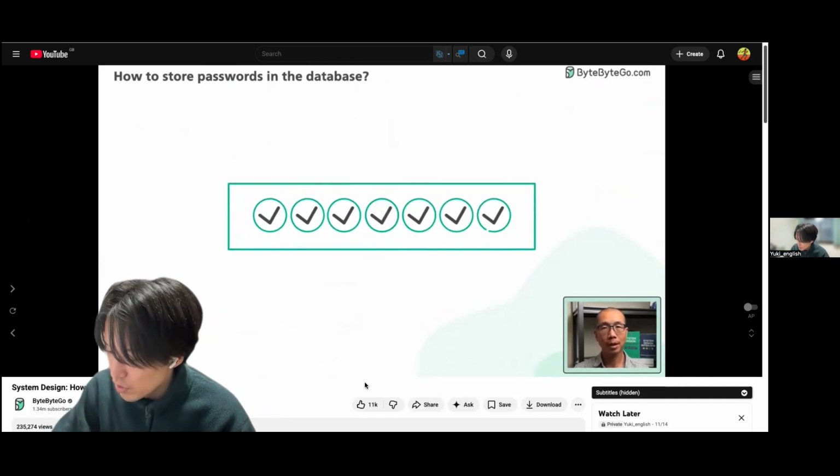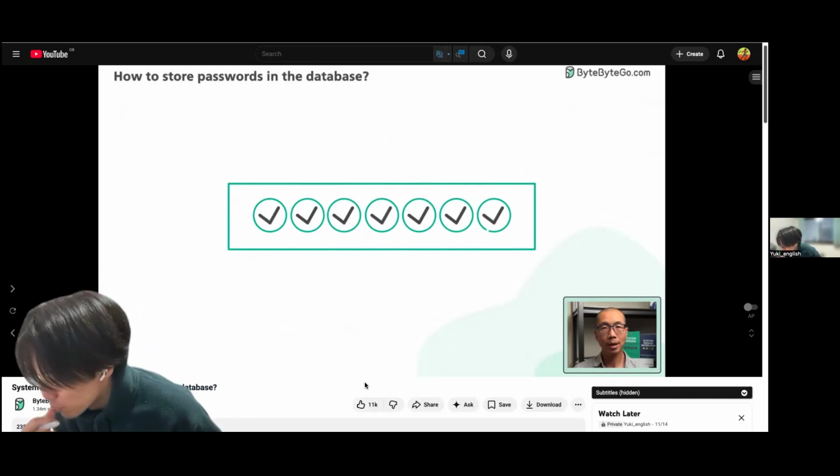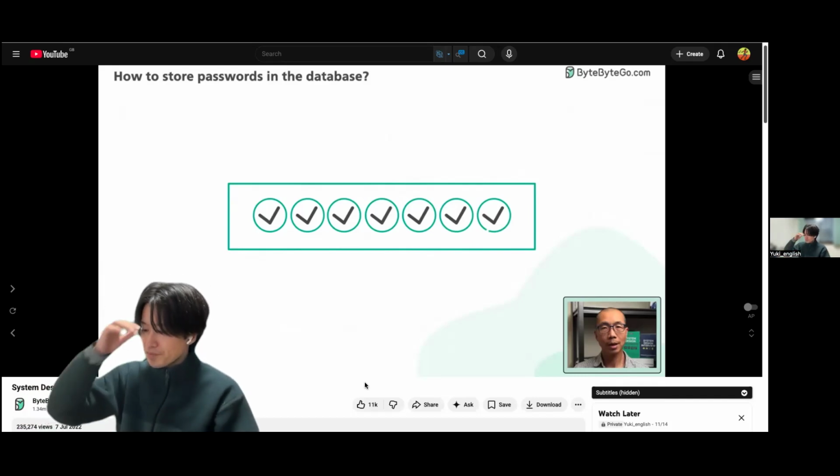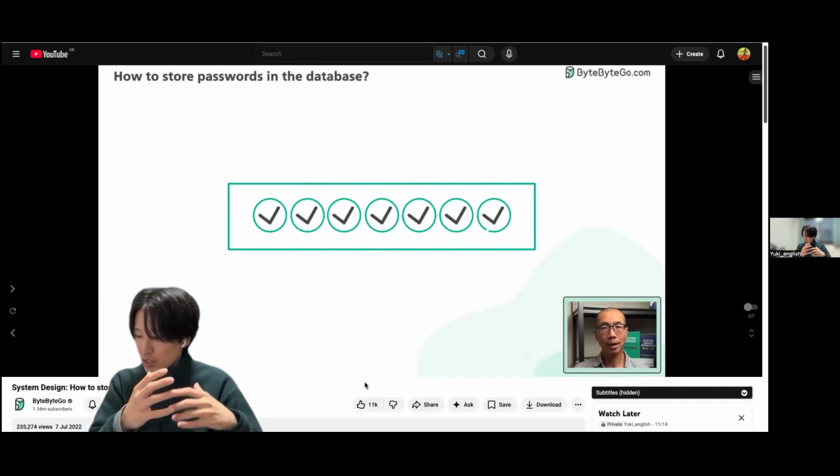Validate the password a user enters against what we store in the database.